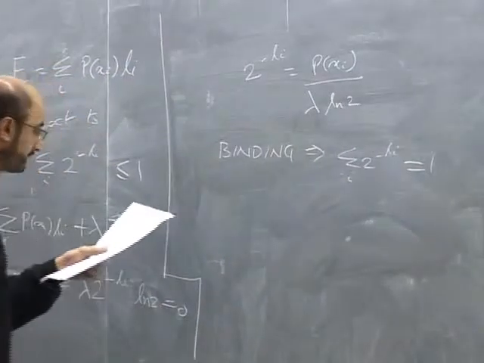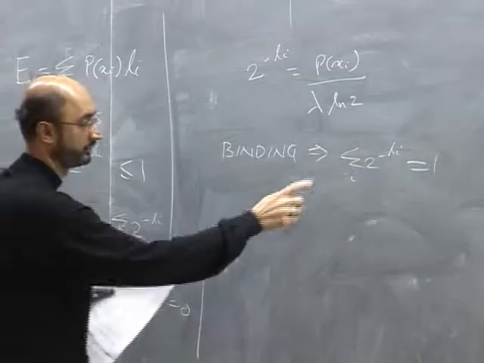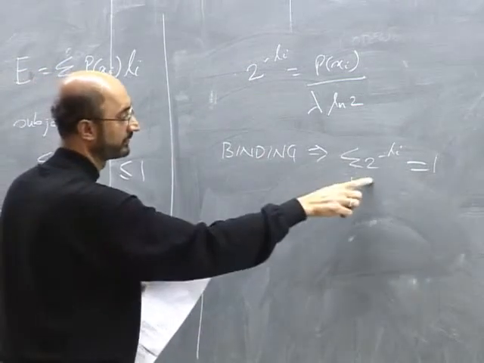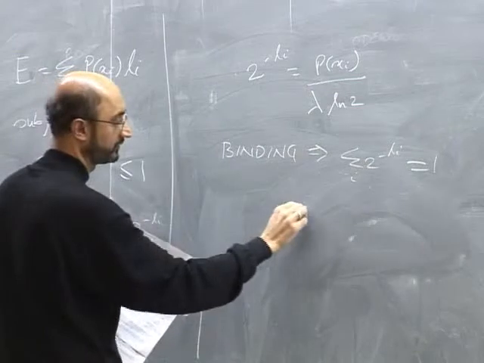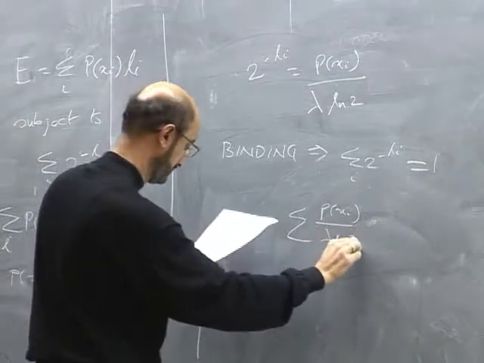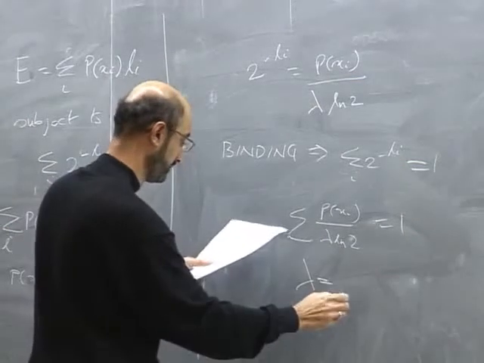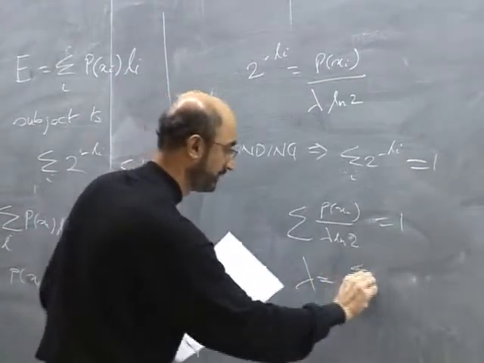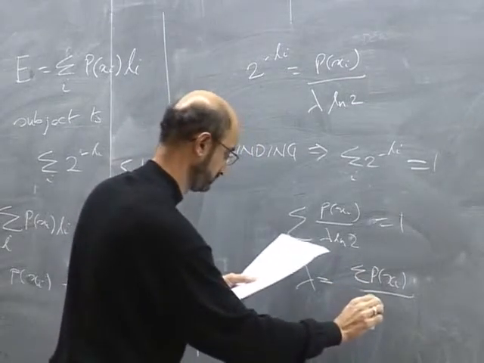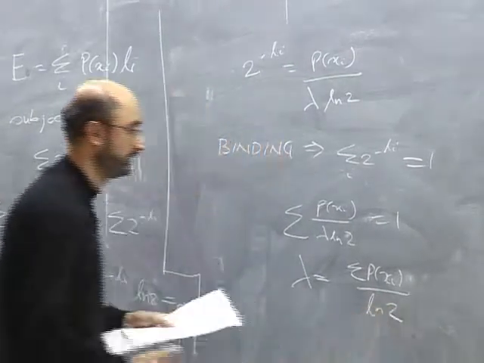This allows us to write, if this is the case, then the summation goes over here, because 2 to the minus li is this. The sum of p(xi) over lambda ln 2 equals 1, which means lambda is going to be equal to the sum of p(xi) times 1 over ln 2.